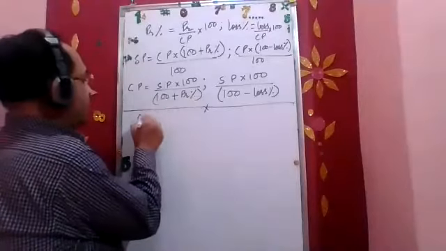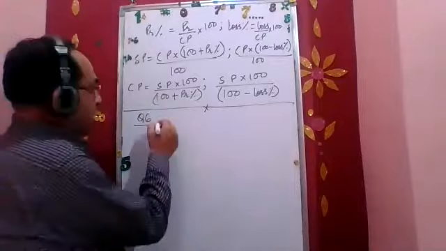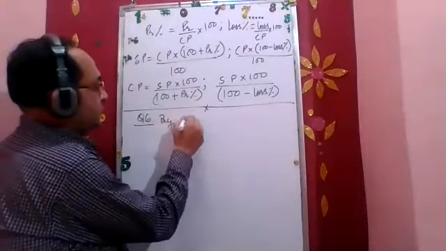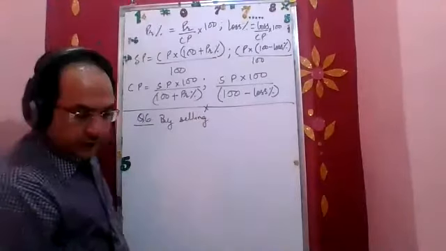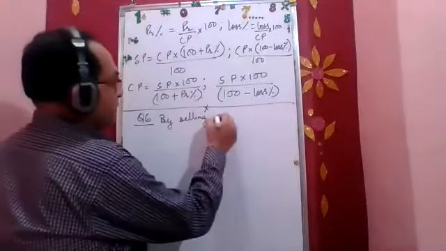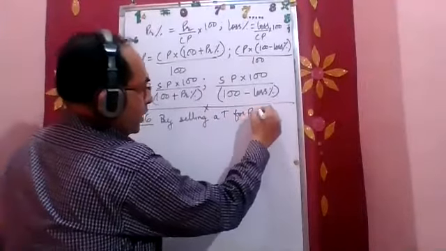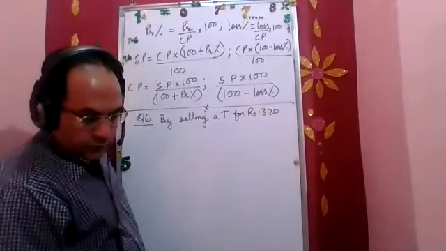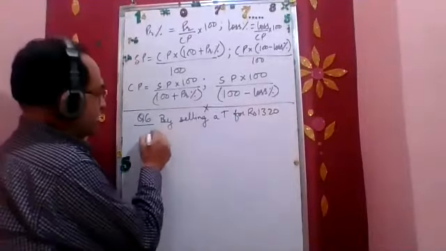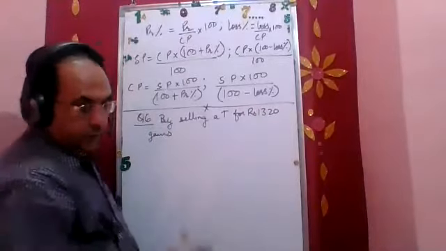At the moment, I'm taking up question number 6. In case you have any problem, you can say. But I am modifying this question a little bit: selling a table for rupees 1320, a trader gains 10%.